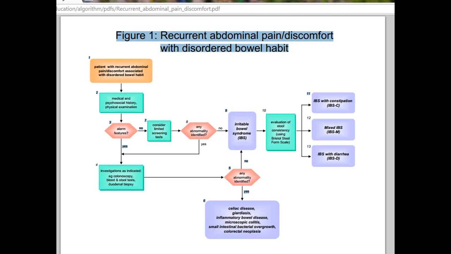So before you end up looking at IBS, or as we will call this, small intestinal bacterial overgrowth, falling in this kind of process, we'll have gone through and ruled out celiac disease, inflammatory bowel disease, and microscopic colitis, based on the patient not presenting with certain identifiable red flags. So this is one way to approach the patient to make sure you're not missing any serious disorders.